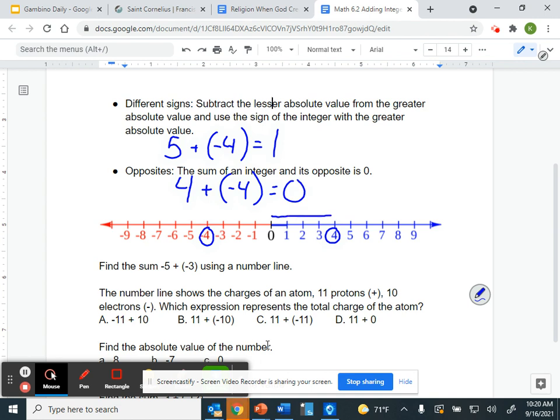So we go to the right 4, we go to the left 4, and we're back to 0. So the sum of an integer and its opposite is always 0. 50 plus its opposite, negative 50, it will be 0. 1,000 plus a negative 1,000, always going to be 0.